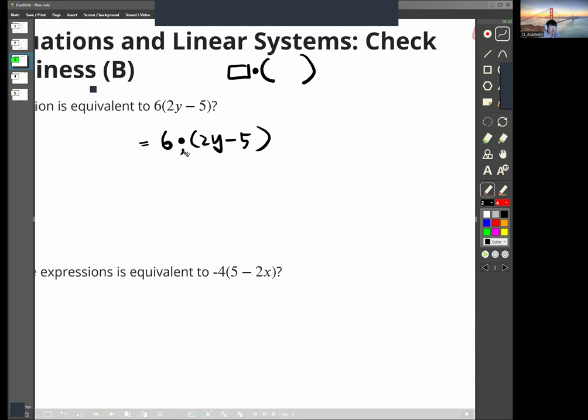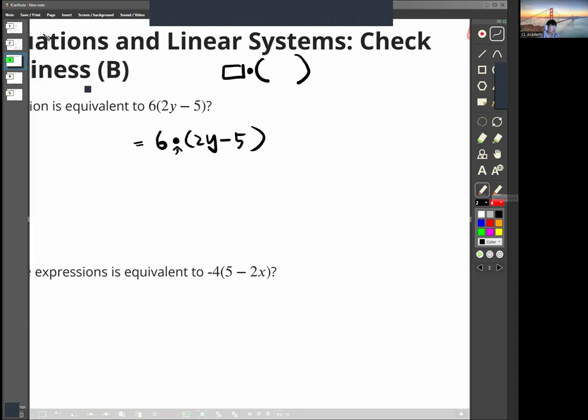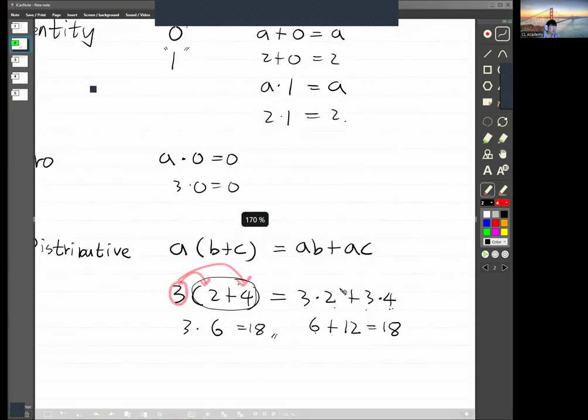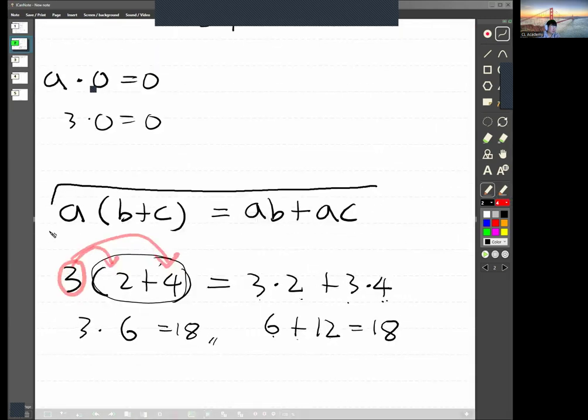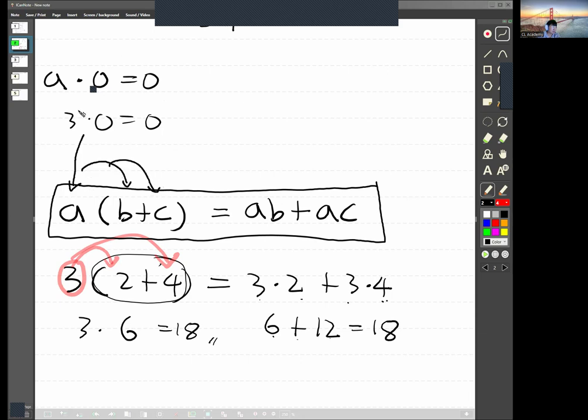So multiplication was omitted. Now we just did it: the distributive property. We can distribute a number to the terms in the parentheses.